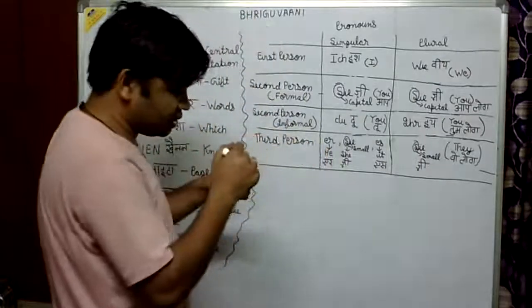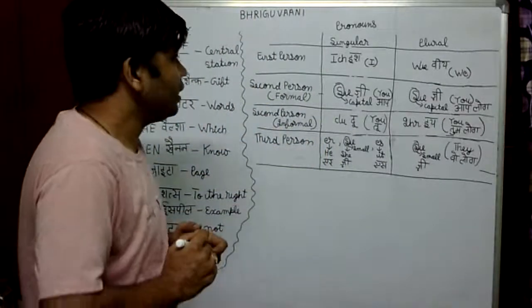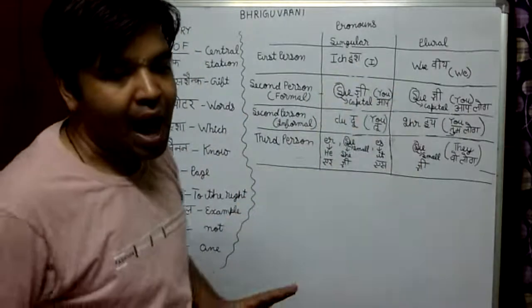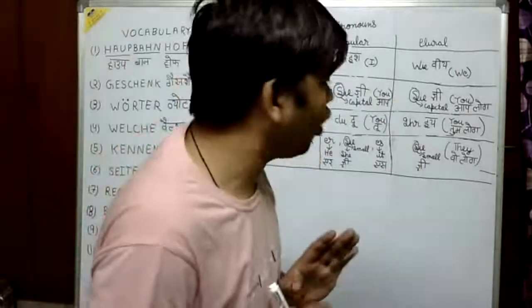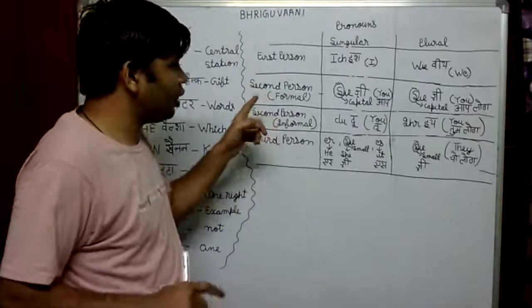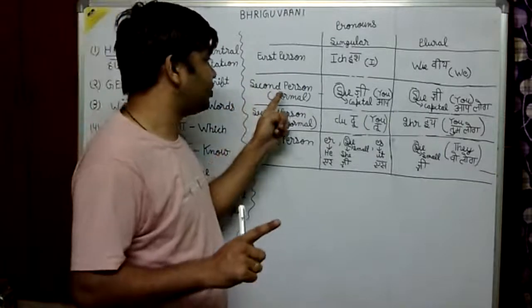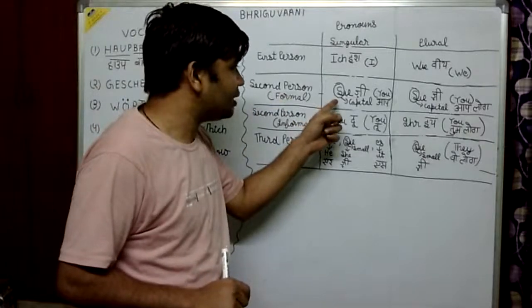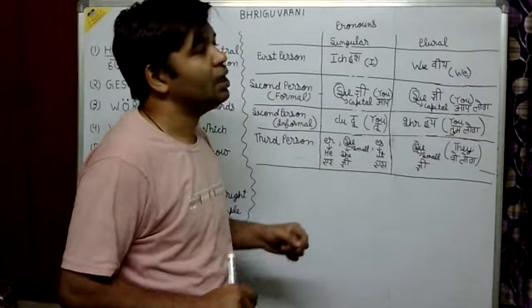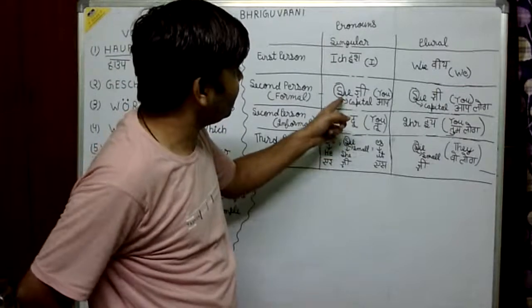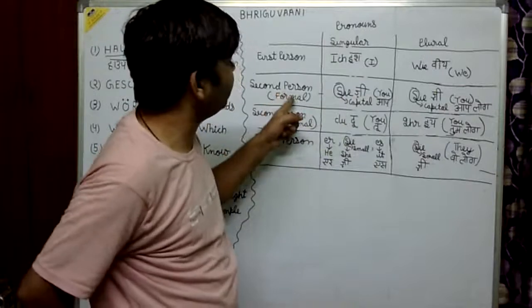Look, this is the table, and here I am making it very clear to all those who are watching this video that only in the case of second person formal, we are using capital S in writing Sie.